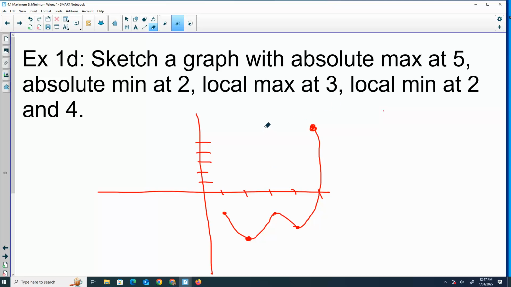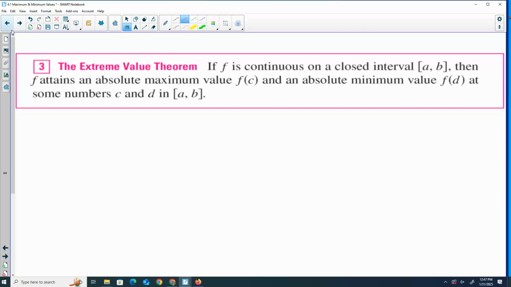Alright. So now let's talk about how we can actually find these if we're looking at a function. If you have a continuous function, then it has to have both an absolute max and min on a closed interval. So if it's continuous on a closed interval, that means it has closed circles at both the beginning and end. And if it's continuous, we have to have a max or min somewhere in there. It doesn't have to have local, but it has to have absolute.